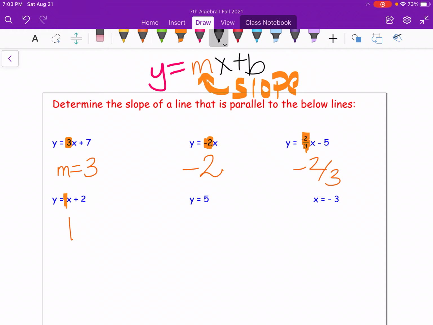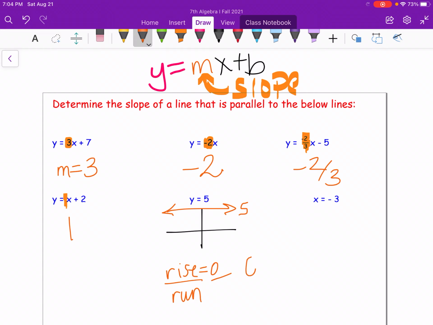As a reminder, when you have y equals something, that means it's a horizontal line at 5. Horizontal has a rise of 0 and a run of some constant number. 0 divided by any number is 0, so the slope would be 0.